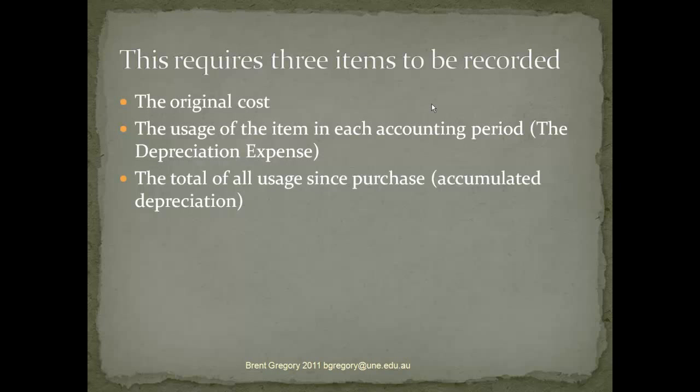So let's consider three items that we do need to record: the original cost, the usage of the item in each accounting period, which we refer to as the depreciation expense, and the total of all the usages since purchase, which is accumulated depreciation. I will work through an example so that you understand what the cost is, what depreciation expense is, what accumulated depreciation is, and another term referred to as the carrying amount, sometimes also referred to as the written down value.